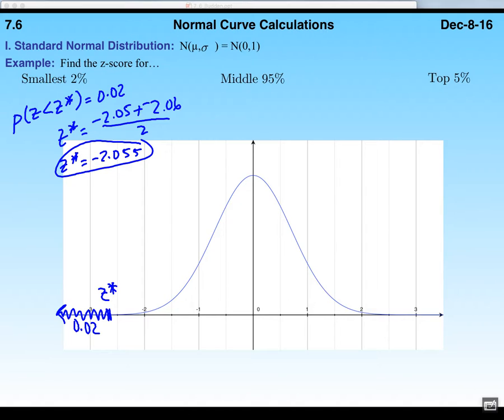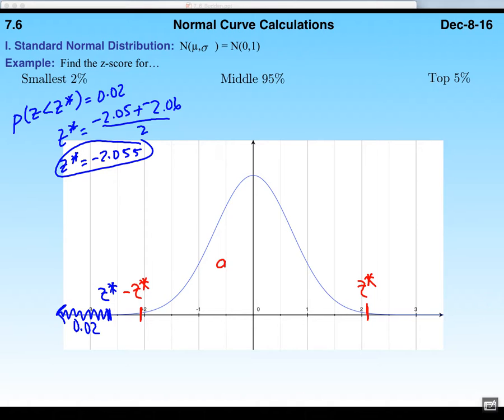We need to find the z-scores that correspond to the middle 95%. There's going to be two scores, one on the bottom, one on the top. This is the negative z star, and this will be the positive z star. What should it be around for the middle 95%? Think empirical rule. Should be around 2. So I'm going to draw it a little more accurately.